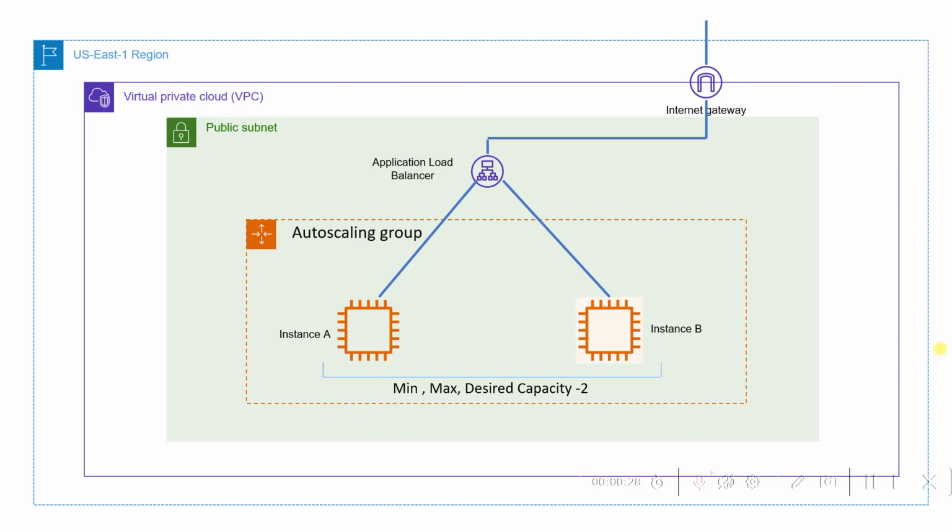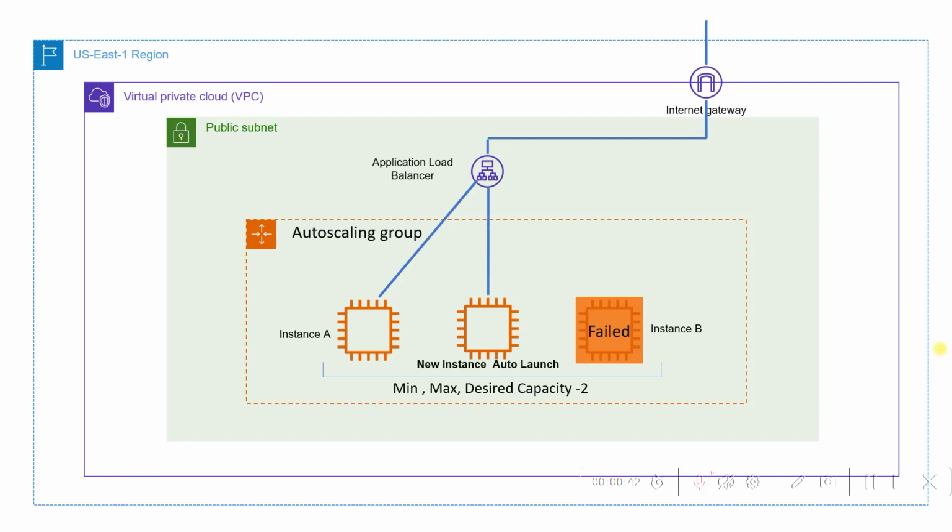Then we terminated one instance, it failed, and the application load balancer stopped sending traffic towards the failed instance, and the auto-scaling group launched a new instance, and the application load balancer started sending traffic towards that newly launched instance.